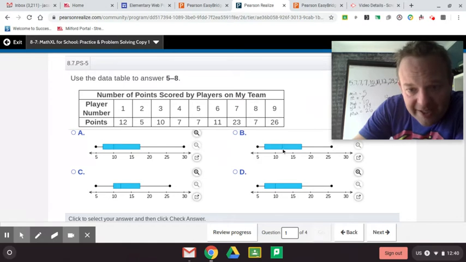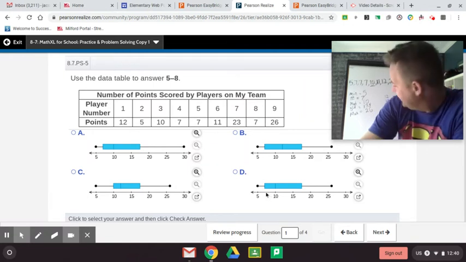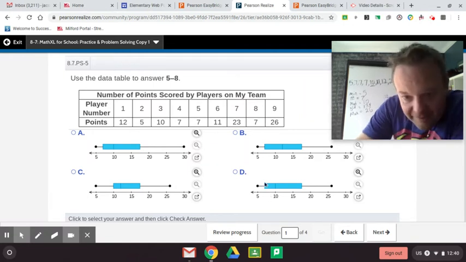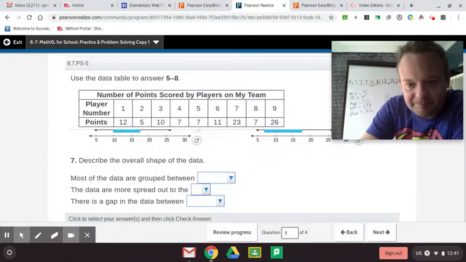Nope. So we know it's not A or B. So it could be this one. And it's not this one. They're saying the median is the first quartile. So just to be complete, I think it's D, but just to be complete, 7 is the first quartile. That looks like 7, right, guys? And 17.5, yeah. All right, so there's our box plot there.